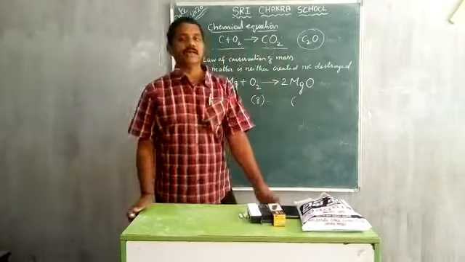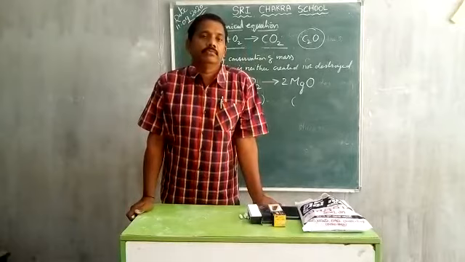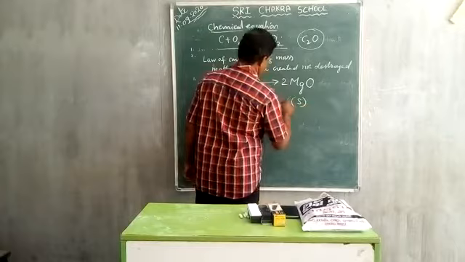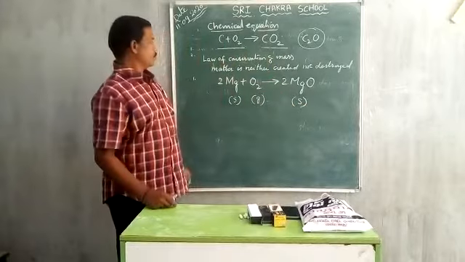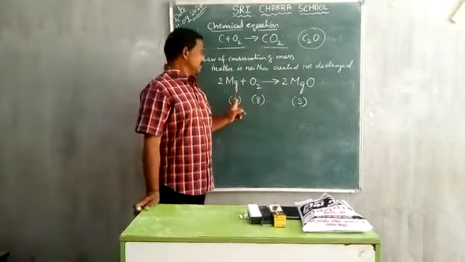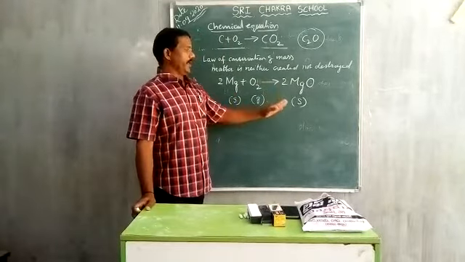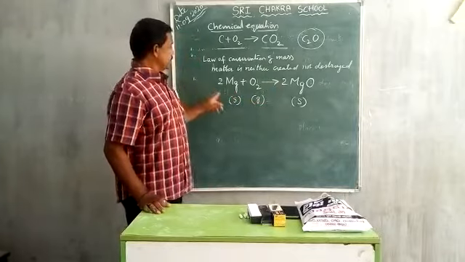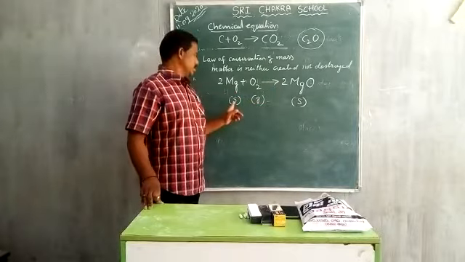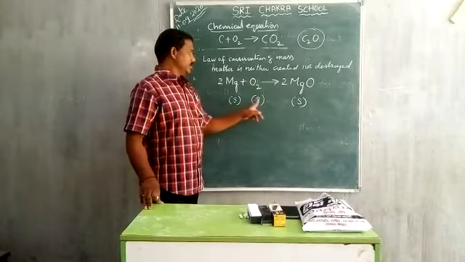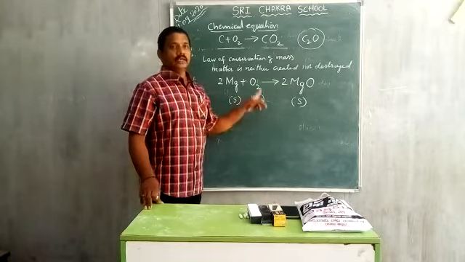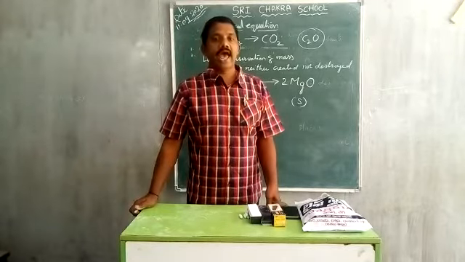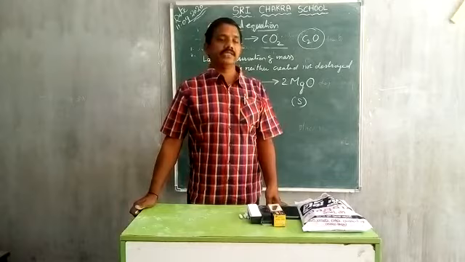Magnesium oxide is nothing but ash. It is also in solid state. So, the state of reactants and products are also represented by writing symbols. S for solid, G for gas, and L for liquid. If it is water, you can write aqueous.